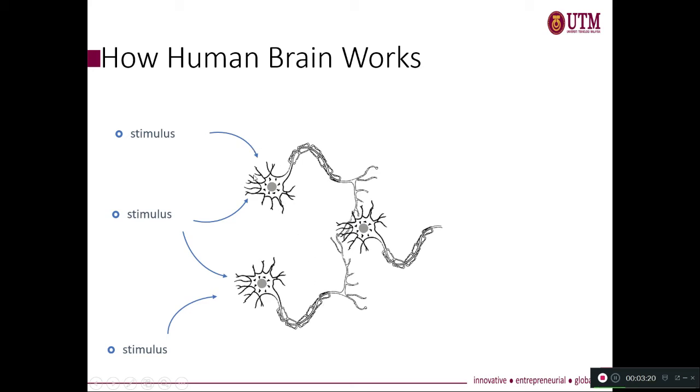The one that is not firing will not pass the information through the axon, because it finds that, for example, the information from this stimulus and this stimulus is not important compared to the one that you get from here. So the one from here will pass. That's why the purpose of the center of the neuron is to filter out which one is important and which one is not important.